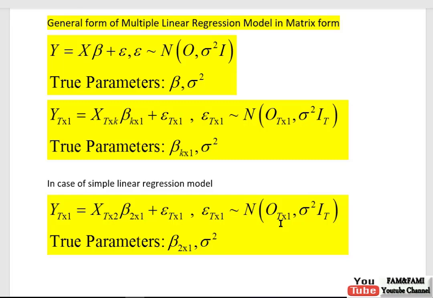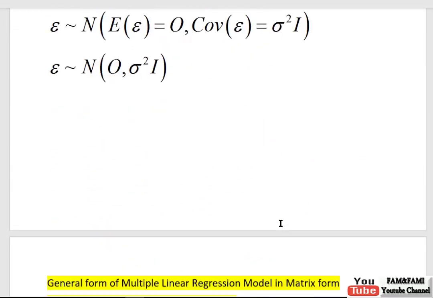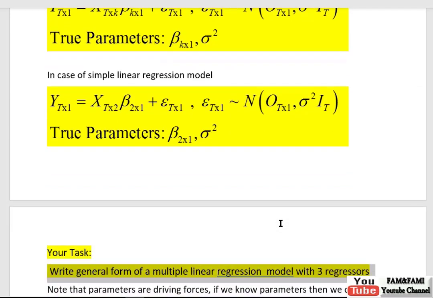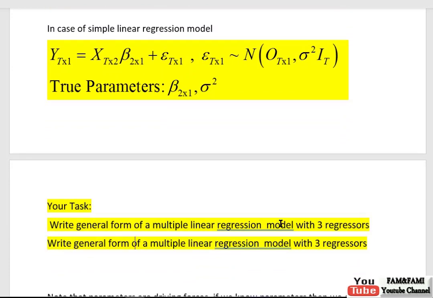And if you are asked to write the general model with 4 regressors, then obviously this will be t cross 4 and there will be 4 betas, beta 1 to beta 4, and the parameters 4 cross 1.